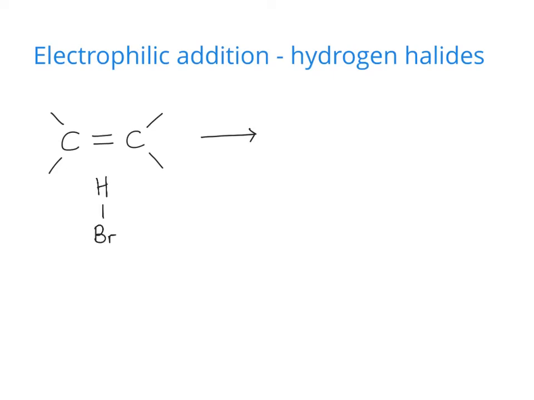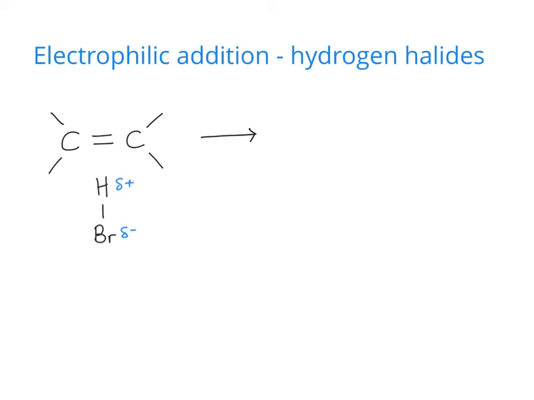We're going to start looking at something that might be considered more traditionally an electrophile, so hydrogen halides, in this case hydrogen bromide. And the reason that we can more clearly see that hydrogen bromide is an electrophile is because, of course, it is a polar molecule with a dipole, the hydrogen being delta positive and the bromine being delta negative.